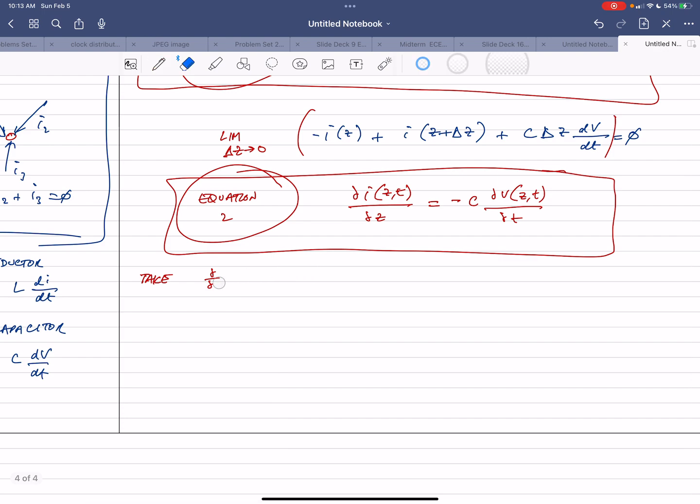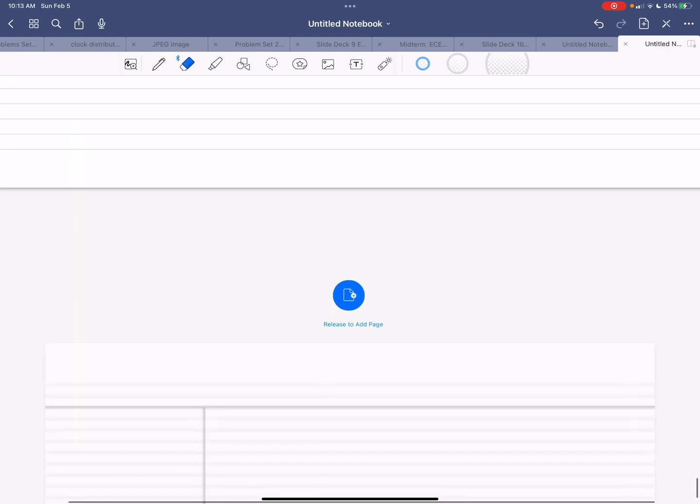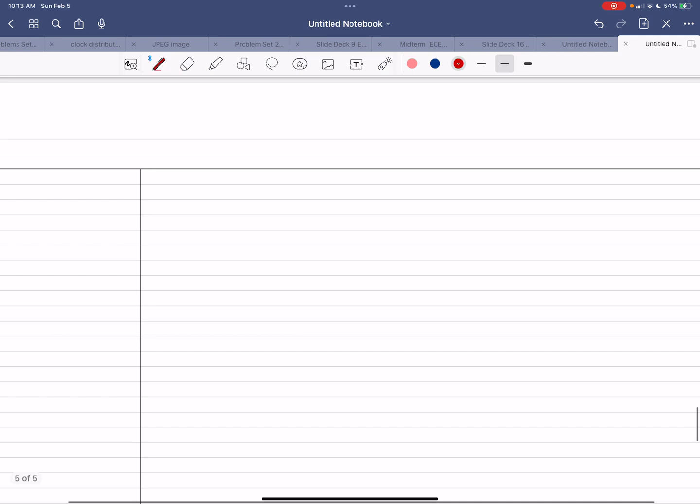Let me do this on a separate page. So take the dz of equation 1.